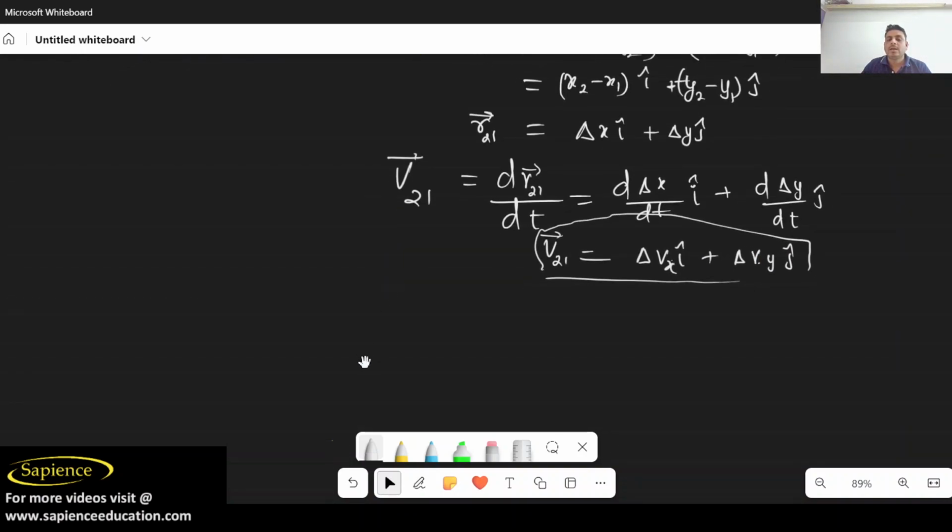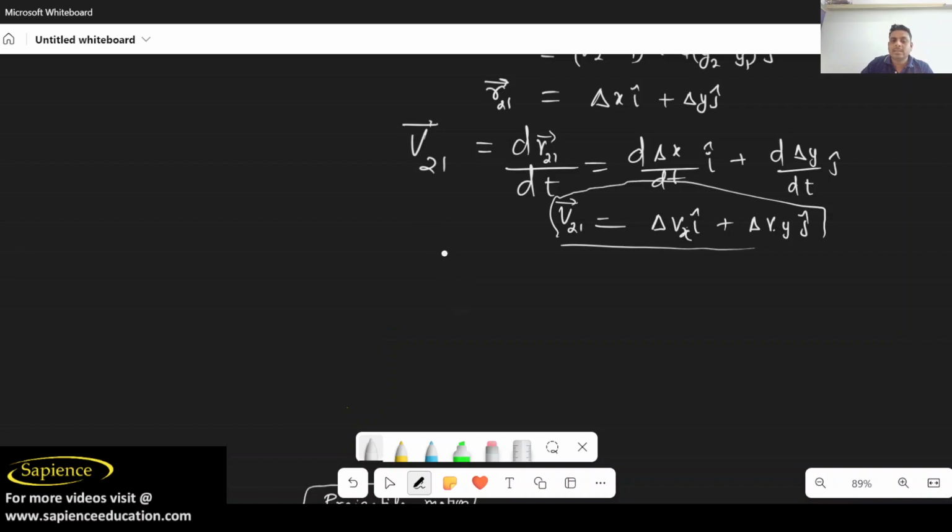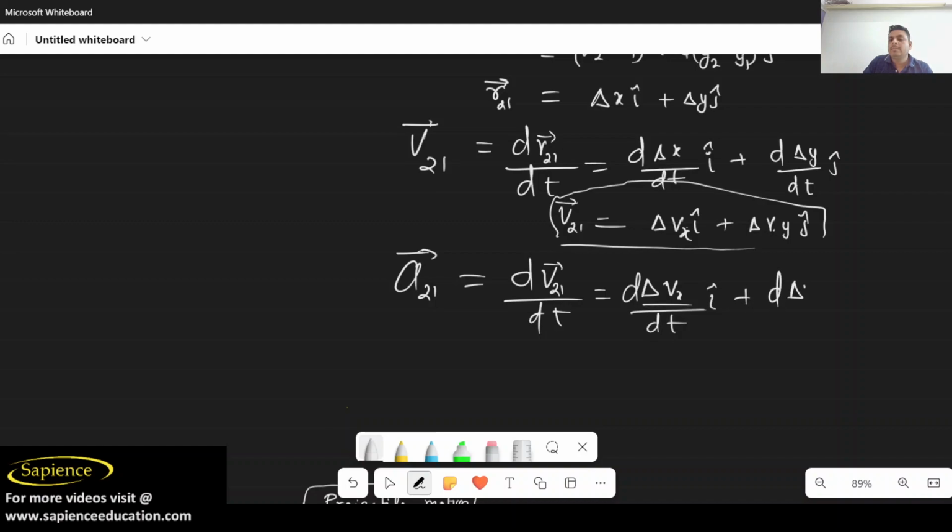Okay. Now if I want to talk about acceleration, the acceleration from 2 to 1 of an object can be written as d velocity v21 by dt, and this is equal to d of del v x by dt into i cap plus d of del v y by dt into j cap.